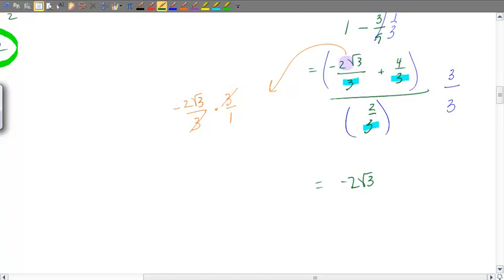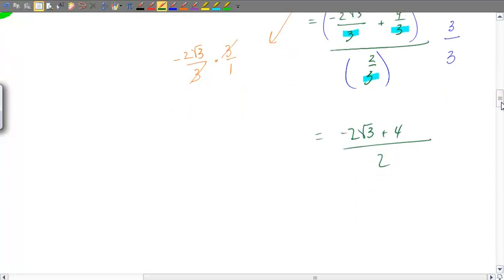I wanted to turn this fraction into a whole number. So when I multiply 3 times 4/3, those 3's cancel and I'm left with just a 4. And the same thing happens down in the denominator. 2/3 times 3 just gives me 2. So this ugly looking thing turned into this, which is at least a little bit better.